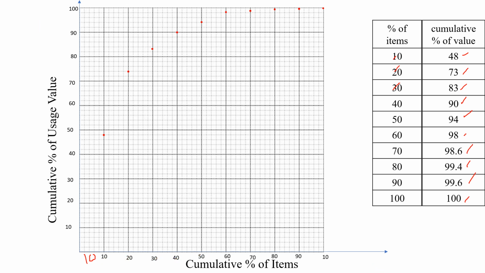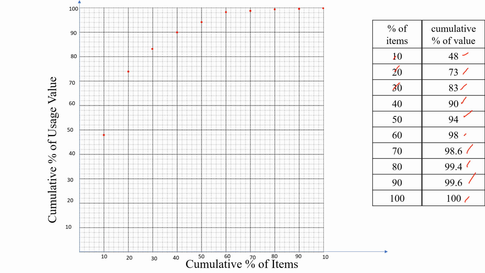Okay, next we have to mark the percentage of items, that is, 10%. Similarly, the cumulative percentage of the value, that is 48. So I just have to mark the point where 10% of the items have the cumulative percentage value of 48.